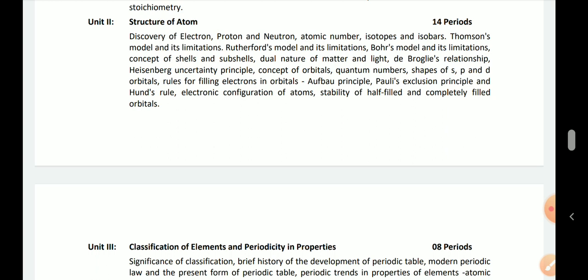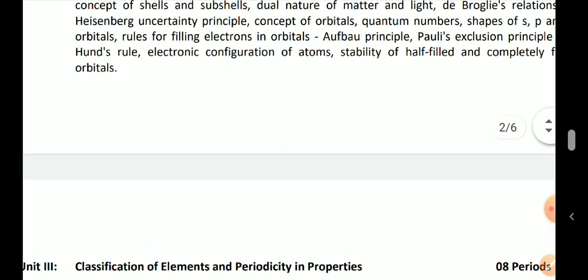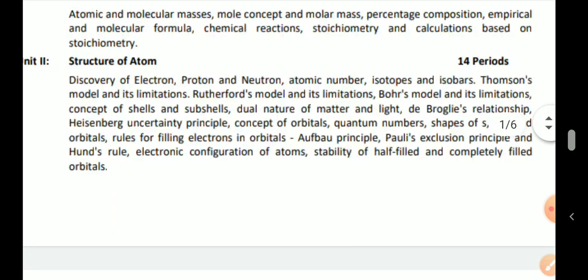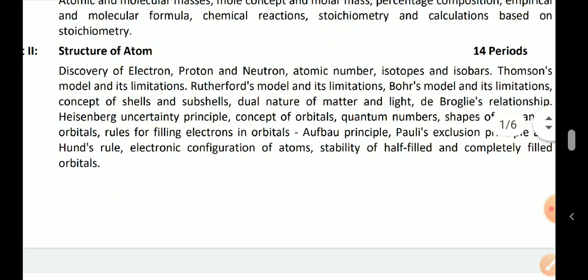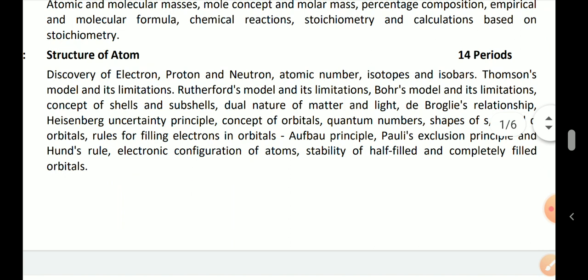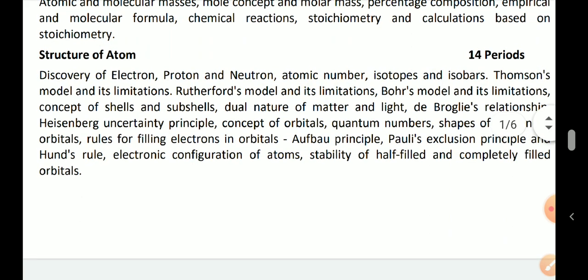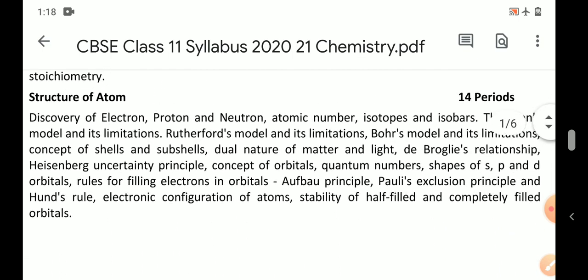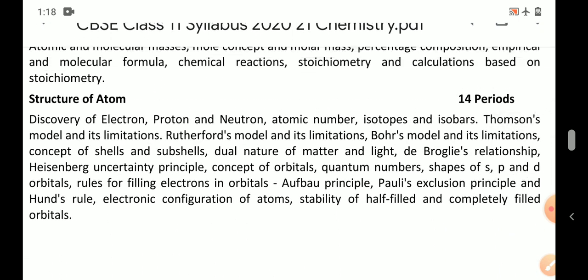Subshells, dual nature of matter, all these you will study in class 11th. This is your unit second. I think this is visible to you all.